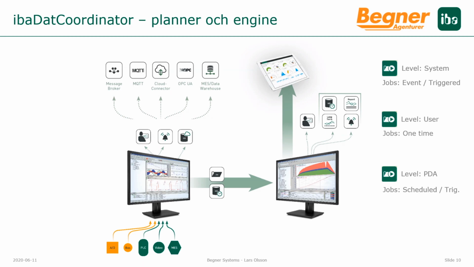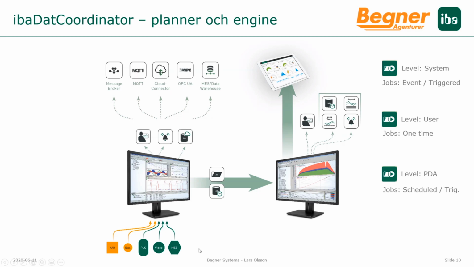You can also use a triggered function: as soon as a dat file is produced, it will trigger a new job start inside the ibaDatCoordinator. Normally you can move a file from the local storage where the PDA is to some office net for the colleagues so they can use the data file and so on. Sorry, I went too fast.